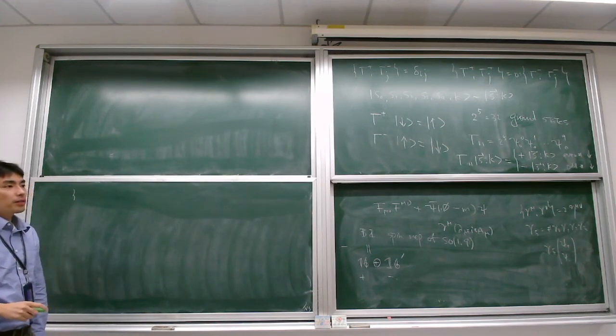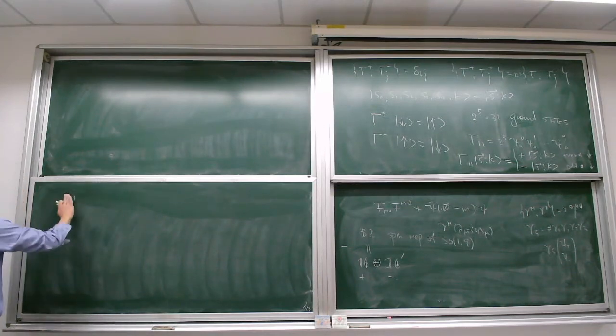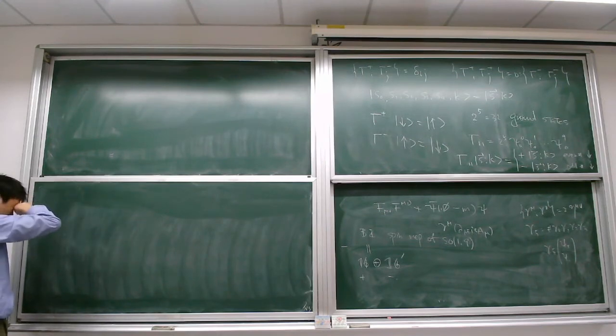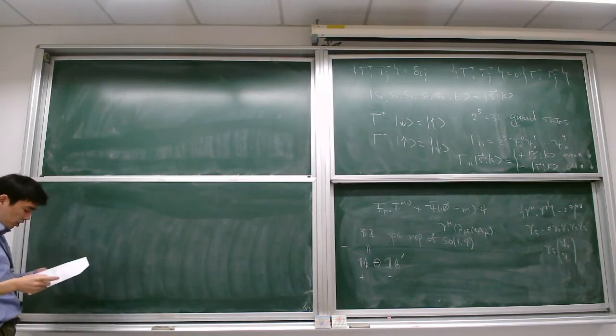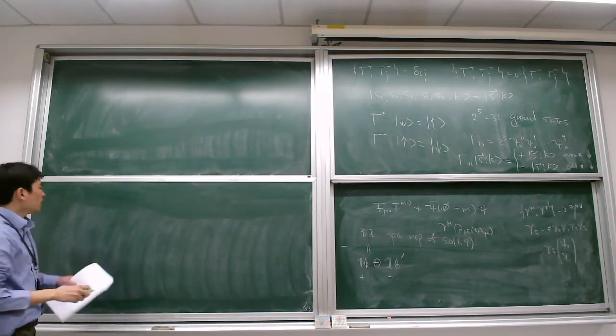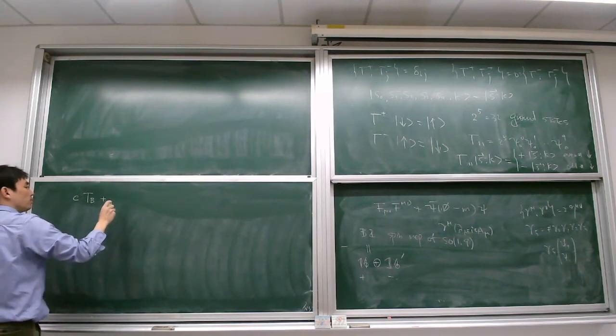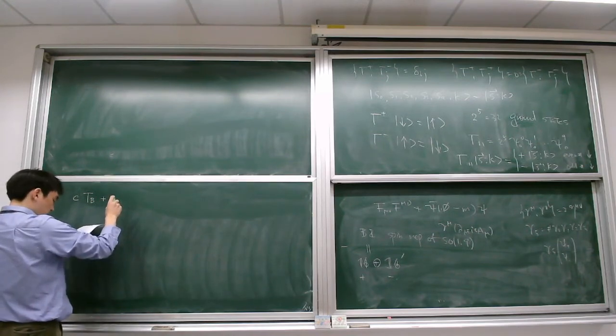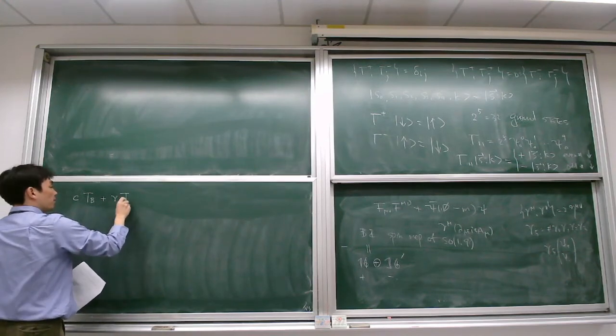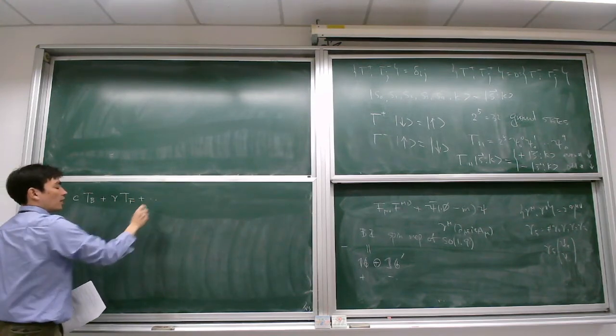So the BRST charge is, I cannot write down the BRST charge. Essentially, the BRST charge is as follows. Essentially this one, c T_B plus gamma T_F plus something.